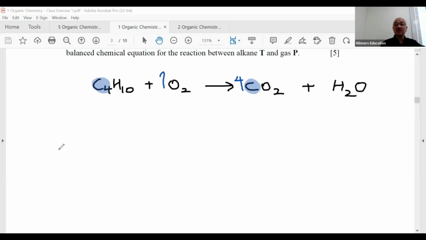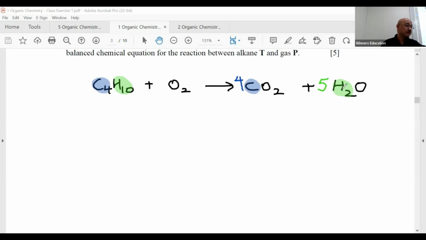So we're going to handle the H first. The H on the left is all in the alkane, there are 10. On the right, they are all in the water, 2. So I times 5.